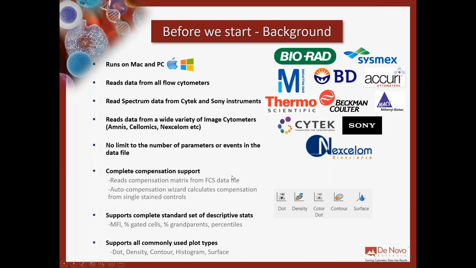In FCS Express, you can perform, of course, compensation. You can tweak the compensation if you already have a compensation matrix. Like 3 days ago, we released a new update of FCS Express that also allows you to perform spectral unmixing. For those of you who have a spectral cytometer, you can retrieve the standard statistics from your sample, and you can create the standard plot type.